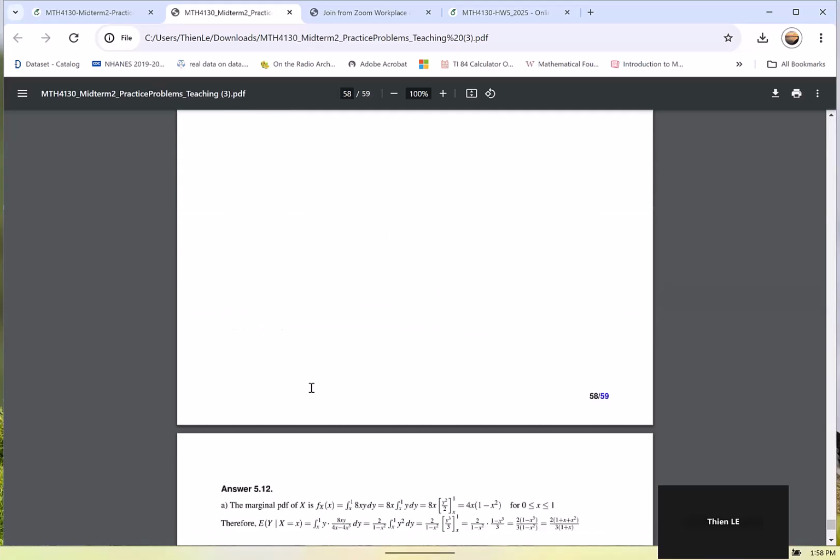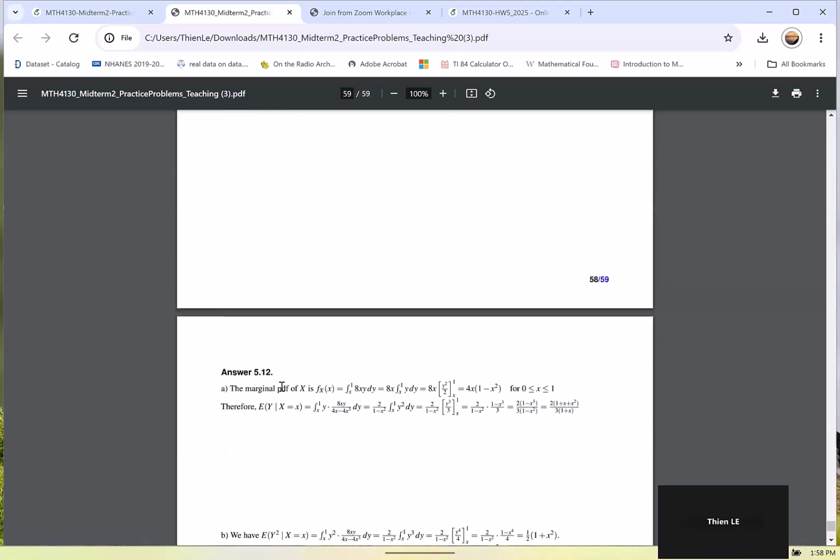With that, you see that the marginal you can find easily. And with that, you can find the conditional probability, okay? The joint divided by the marginal, and it can give you this much. So it really depends on x here.